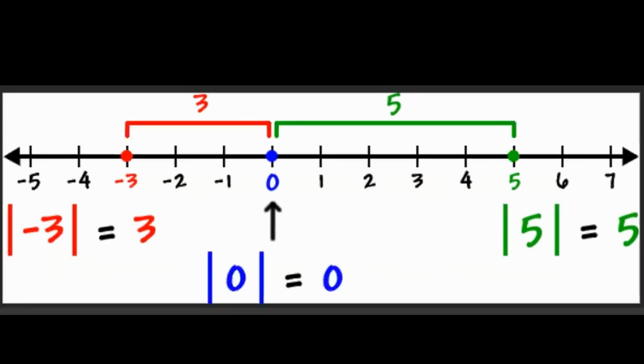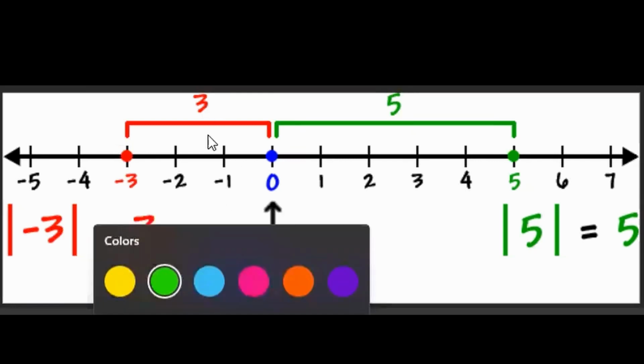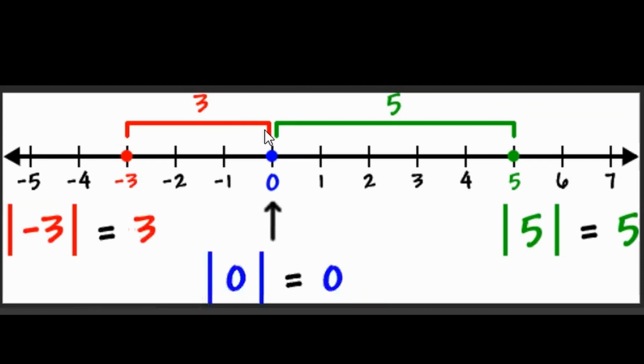Another important concept we can cover with a number line is the concept of absolute value. And don't be afraid of the term. Absolute value just means the distance the number is from 0. In this example, the absolute value of negative 3 is going to be 3 because it's 3 units away from 0.